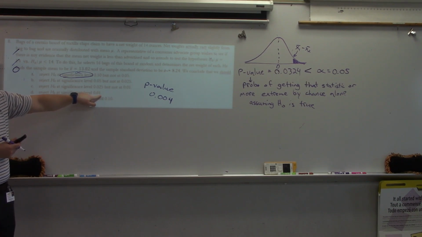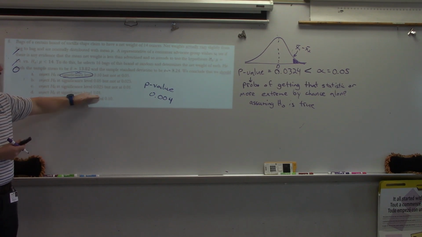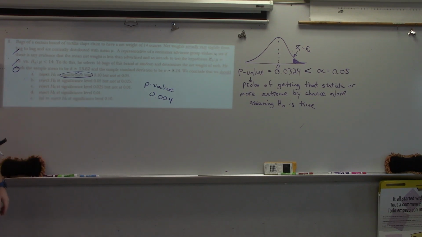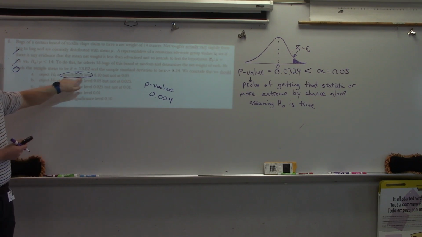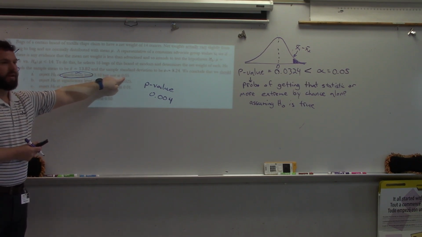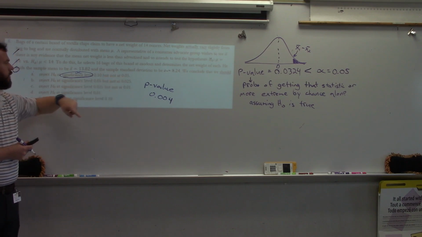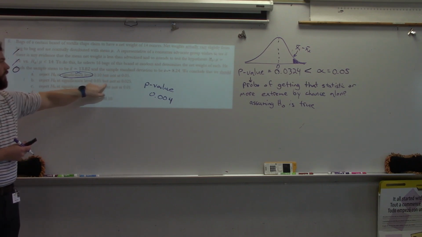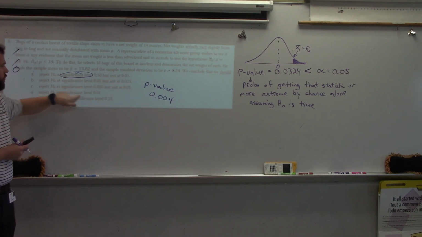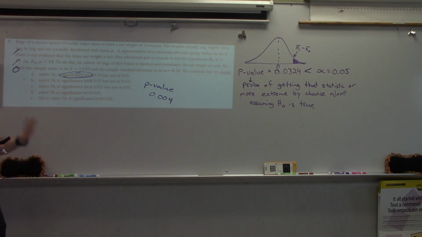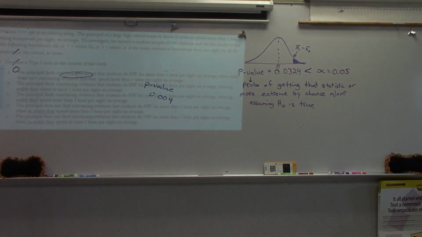It's less, but it's less than that, isn't it? So you go to the lowest significance level possible. Notice it says you would reject at 0.1, you would reject at 0.05 and also at 0.025. You would reject all the way down to here. Those are your alphas.